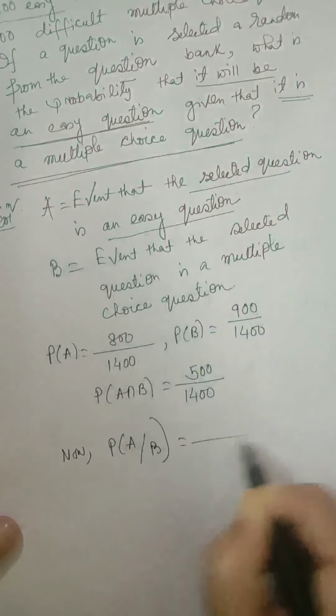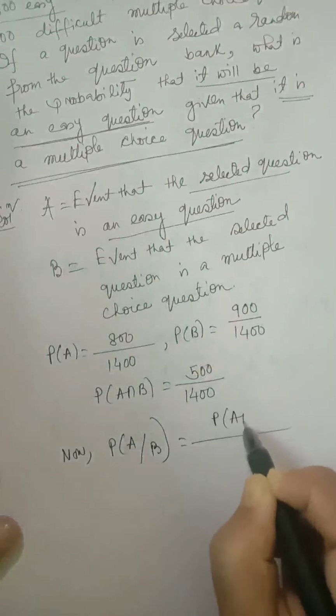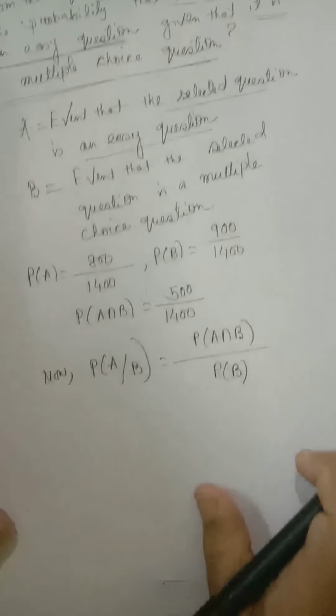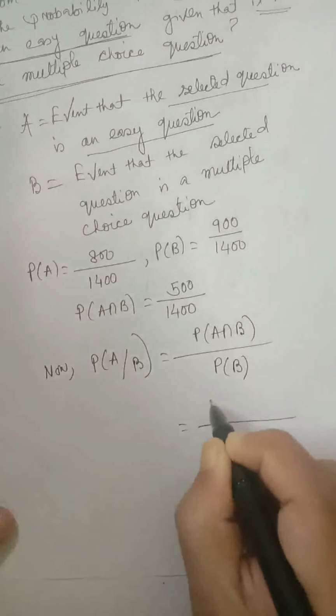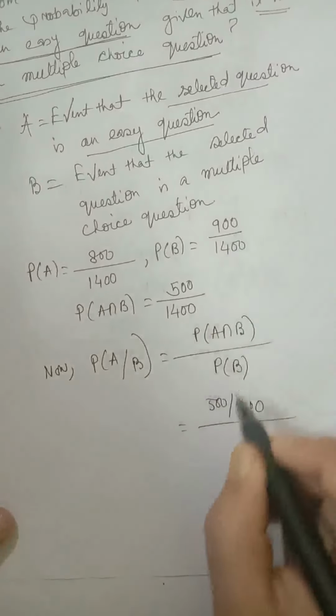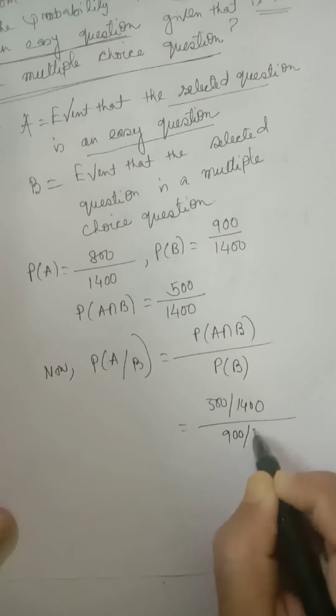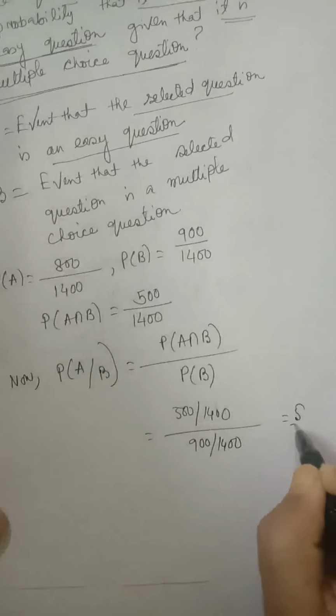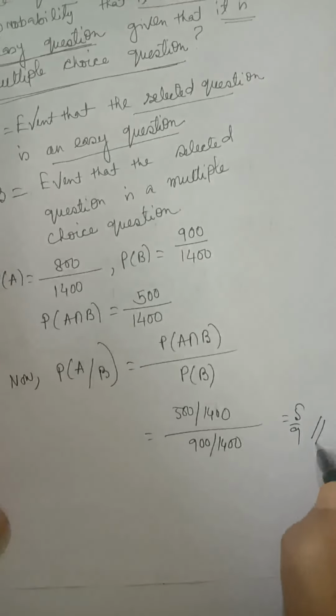What we have to find is equal to P(A intersection B) by PB. P(A intersection B) is 500 by 1400 and PB is 900 by 1400. So ultimately this is 5 by 9. So this is the required probability.